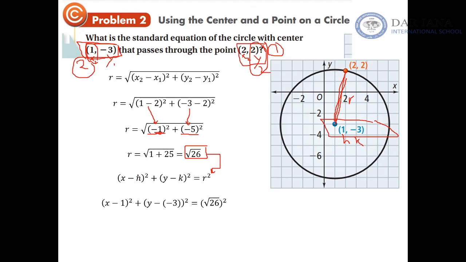I will have (x minus 1) squared plus (y minus negative 3) squared. Remember to put the parentheses, squared, and radical 26 squared. And simplifying, these two minuses will become plus, and here the square and the radical are going to cancel each other, and it will become 26.